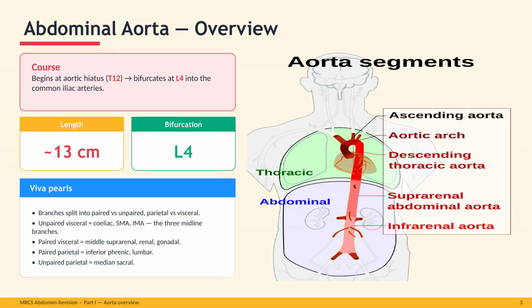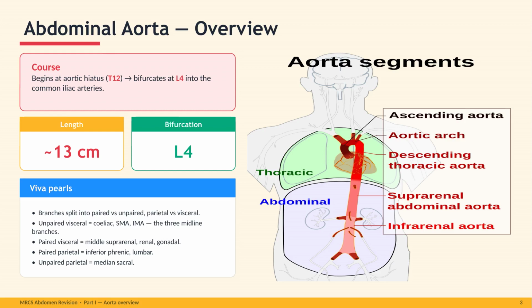Now, the way to remember its branches in the Viva is to split them into 2 pairs of categories: paired versus unpaired, and parietal versus visceral. The 3 unpaired visceral branches sit in the midline: celiac, SMA, and IMA, and they supply the foregut, midgut, and hindgut respectively.